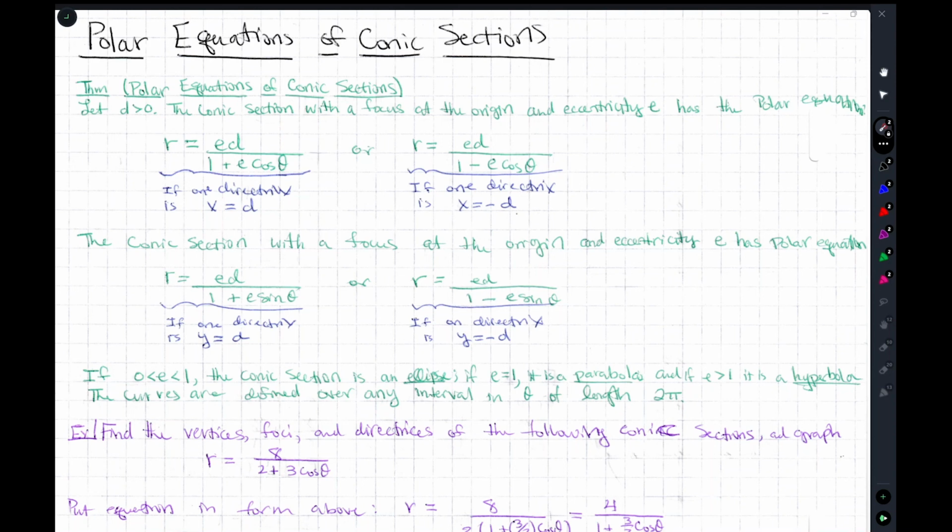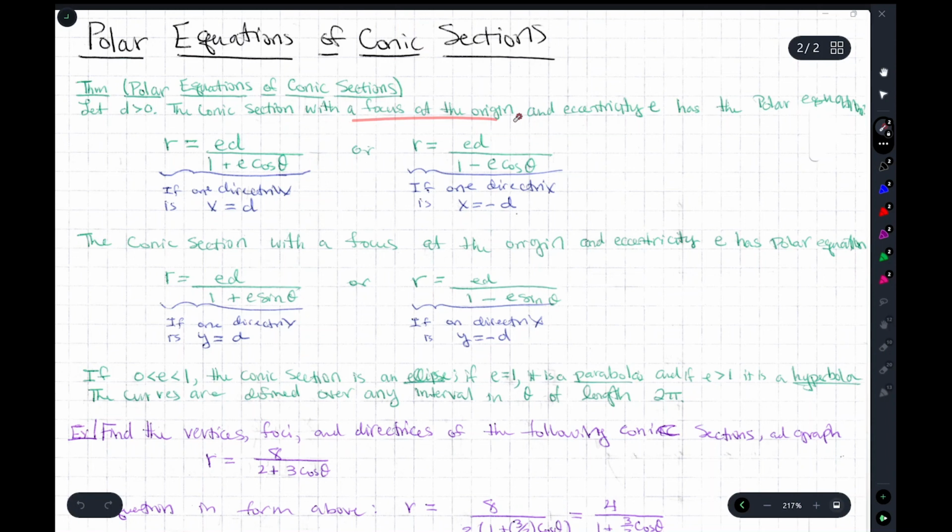So now let's focus on polar equations and how they could be used to describe conic sections. Let D be strictly greater than 0, basically where the directrix is. This is going to help tell us where the directrix is.